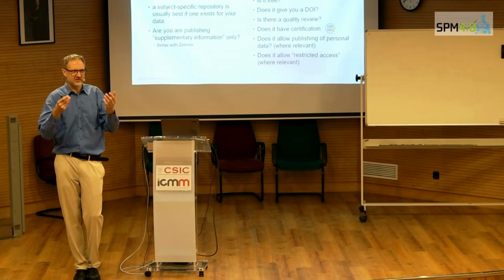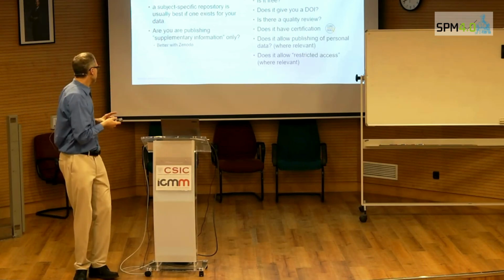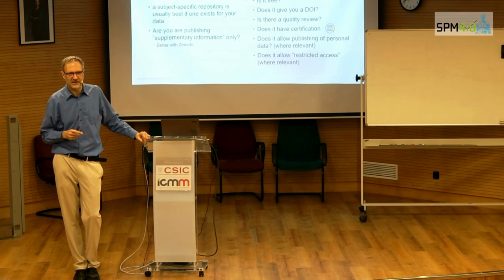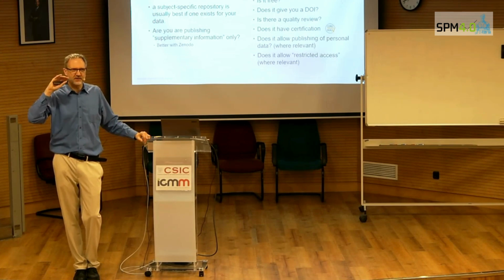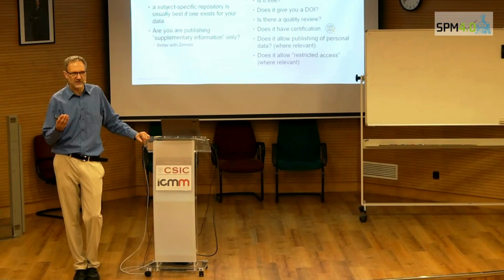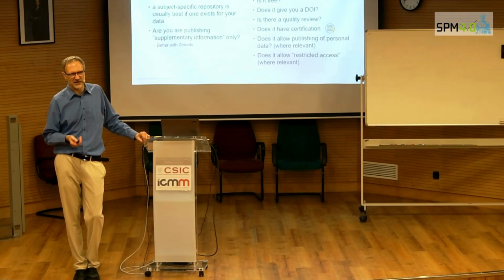Okay, so curated means, or quality review means, someone will look at what you've uploaded and say, not that they look at the scientific issues, like when you submit to a journal, but it's like, have you described this data set? Is someone else going to be able to understand what you've done there? Did you fill in your ORCID, for example?